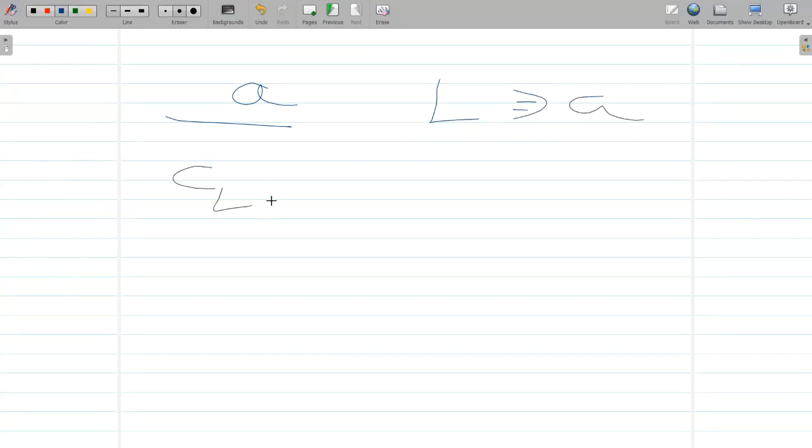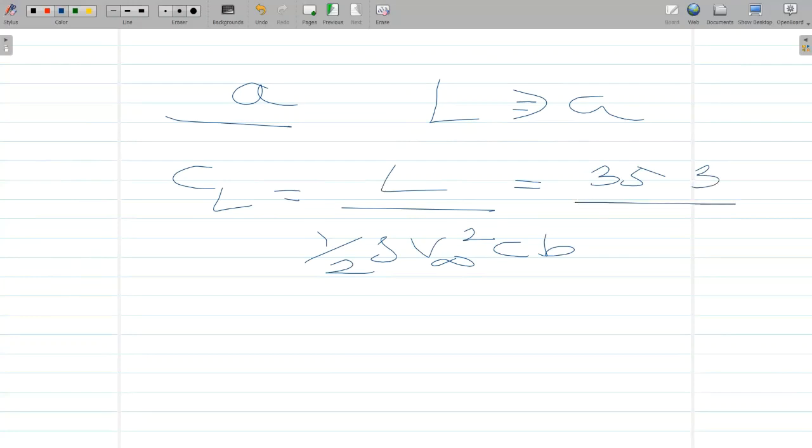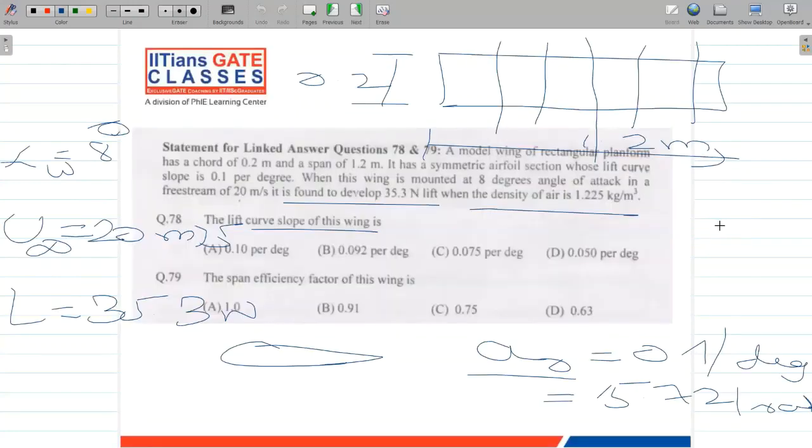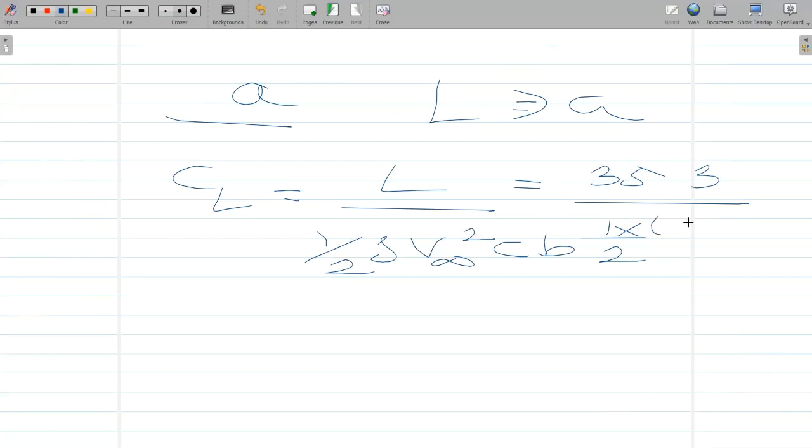So CL for the entire wing is nothing but lift divided by half rho V infinity squared times the planform area of the wing, that is nothing but chord times the span. So lift here is 35.3 newtons, and rho is what they've given in the question, 1.225.